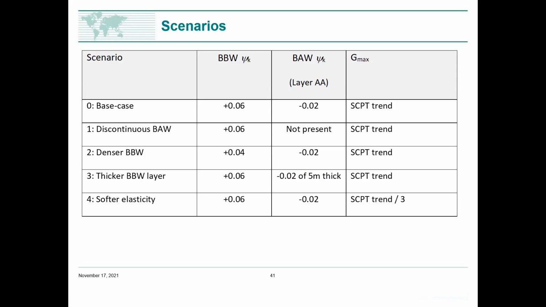And then scenario 4 was softer elasticity. You find if you try and fit seismic moduli to undrained laboratory triaxial test, it doesn't work at all. You have to bring the modulus down a lot. So for scenario 4, we're going to use the softer elasticity that we find we have to use to match our lab triaxials. So that was scenario 4.